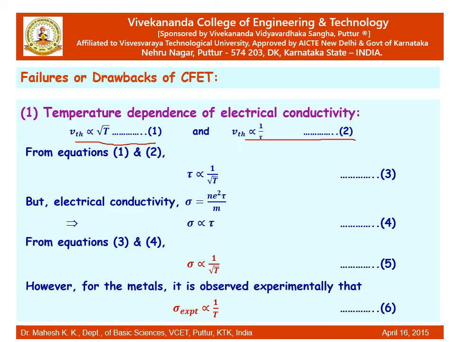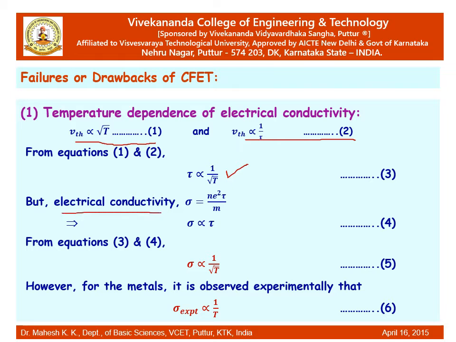From equations 1 and 2, the left hand sides are equal, so I can equate the right hand sides, and tau is inversely proportional to root of T. This is equation 3.